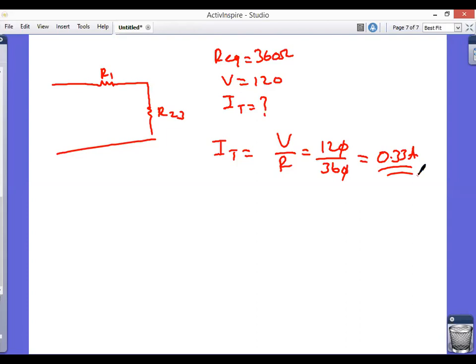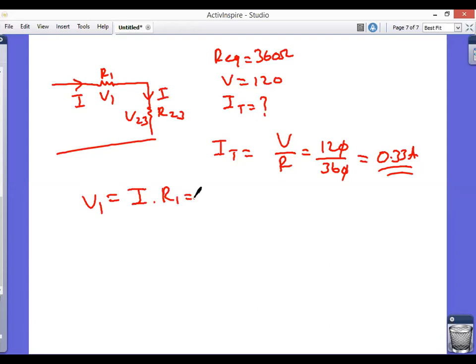So to find the voltage for each resistor, what we're gonna do again? Let's call it V1 here, and here is going to be V23 because they are parallel. Their voltages are going to be the same according to Ohm's law. So to find V1, what are you gonna do? We're gonna multiply I times R1.